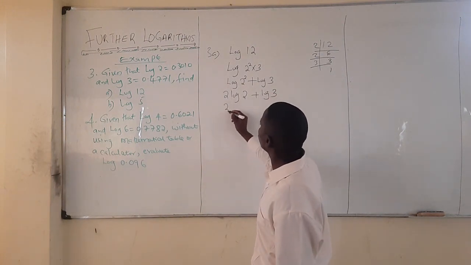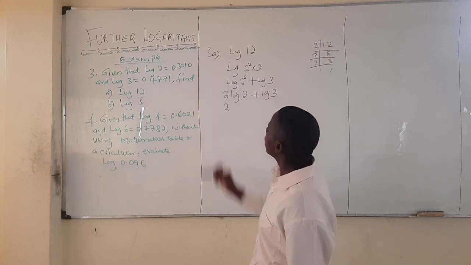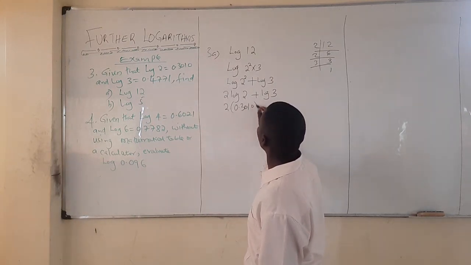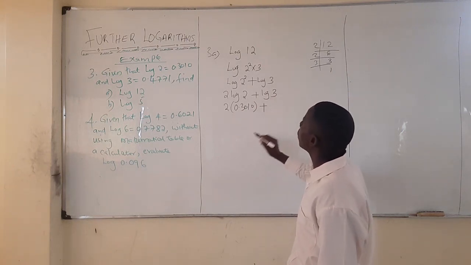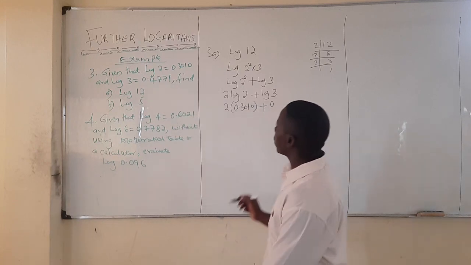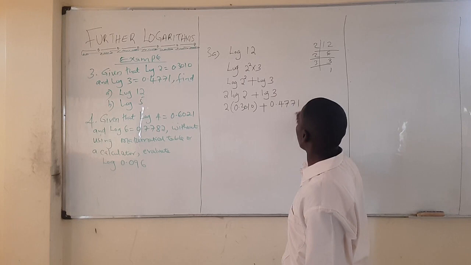And then we have been given the log of 2 is equal to 0.301. So we multiply by 0.3010 plus the log of 3, which is now given as 0.4771.